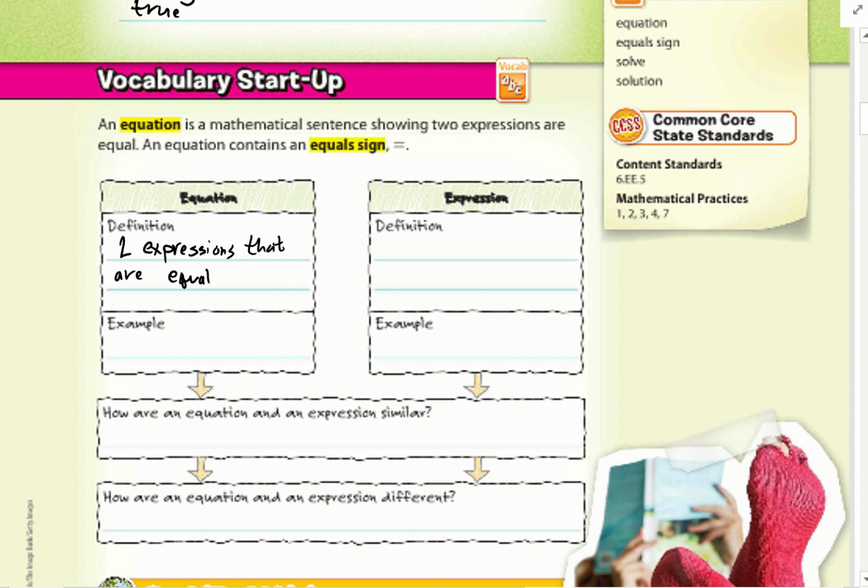And for expression, we're going to say a combination of numbers and operations.